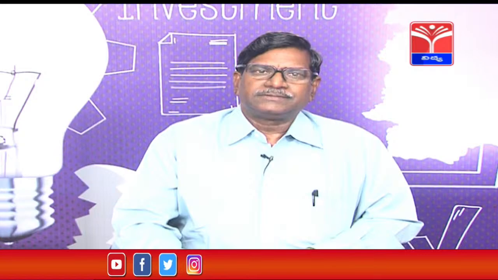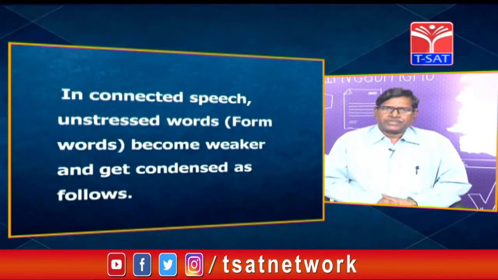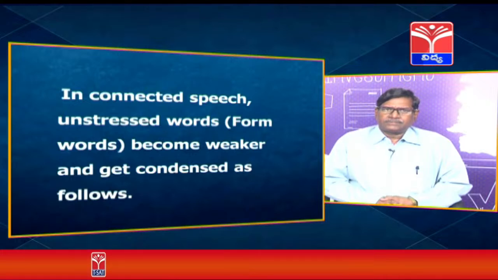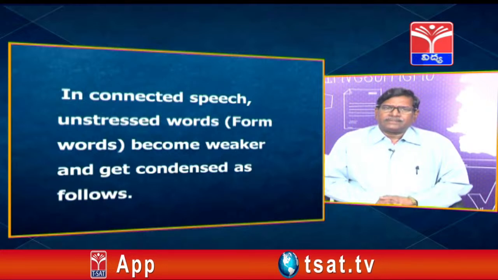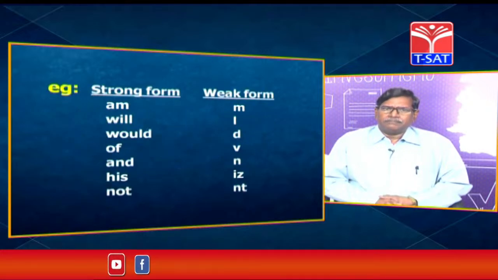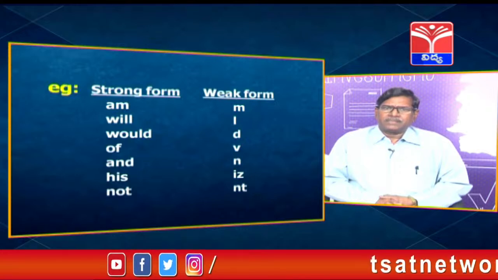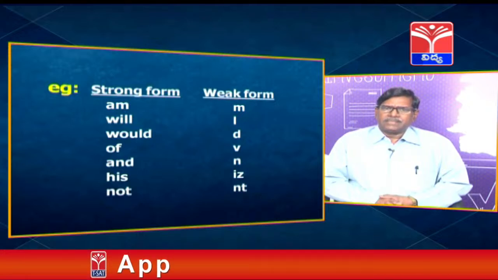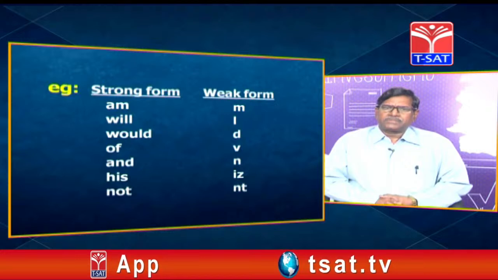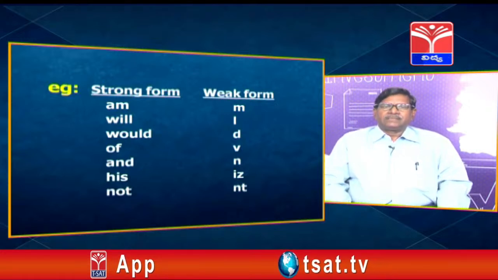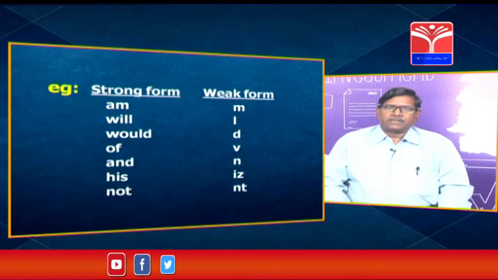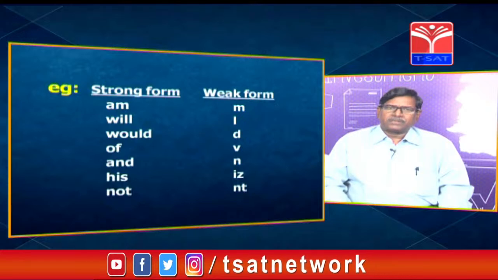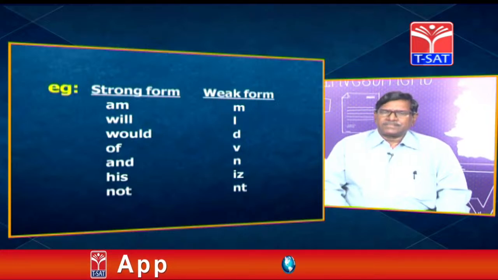consecutively stressed syllables. In connected speech, unstressed words become weaker and get condensed like this. Am becomes m, will becomes l, would becomes just d, of becomes v, and becomes n, his becomes is, not becomes nt. Likewise, these words which are not stressed, that is form words which are not stressed in sentences, are condensed.